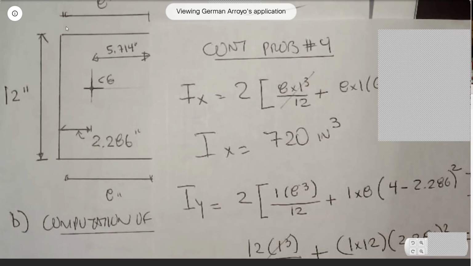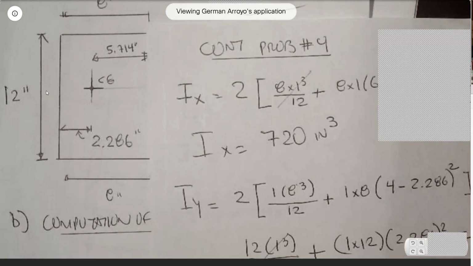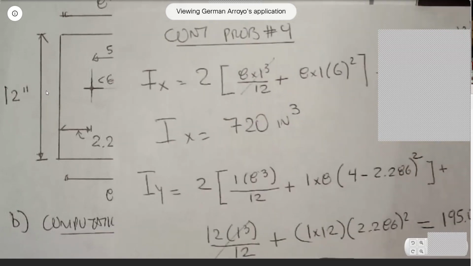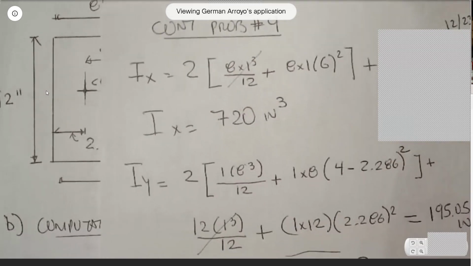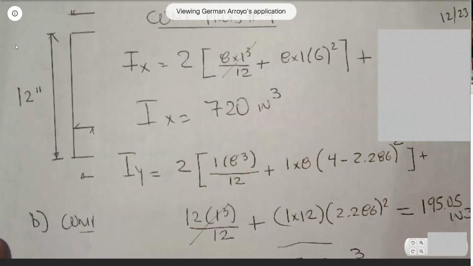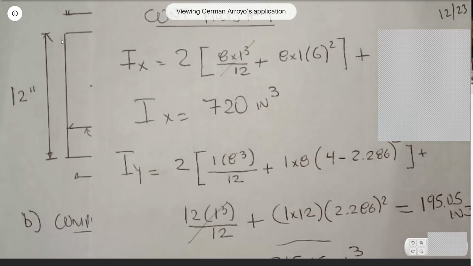Now I need to find the moment of inertia of this line about its own y-axis, and this is what I've done in here. The moment of inertia of this line about its own y central axis is 12 times 1 cube over 12.